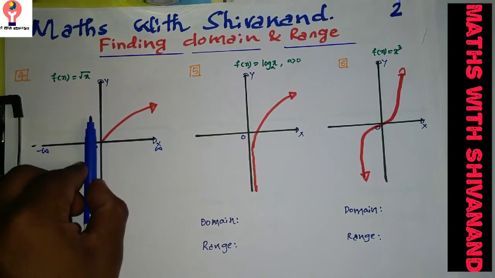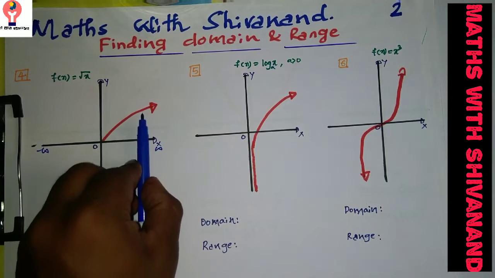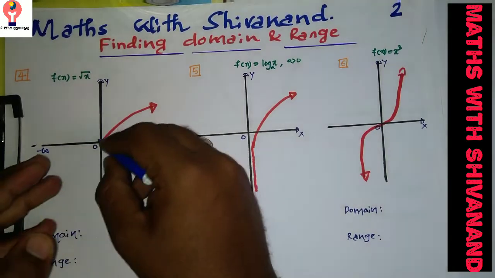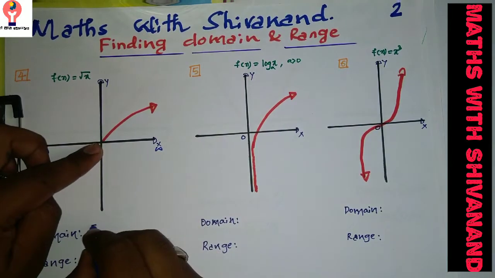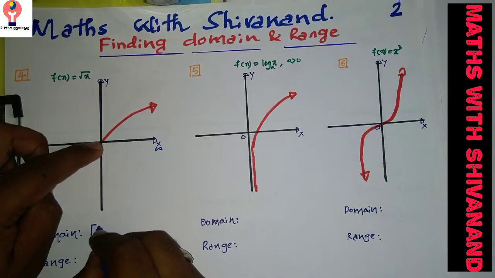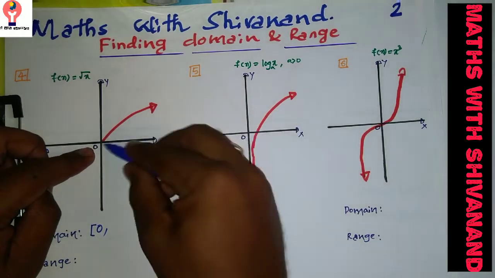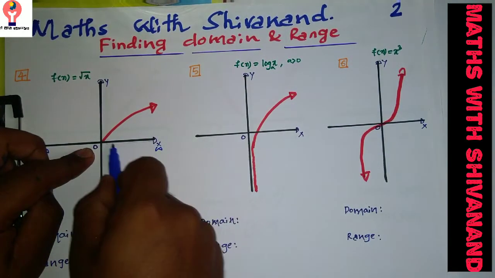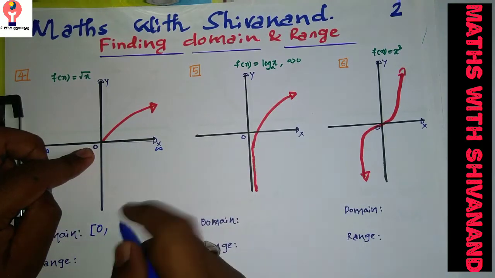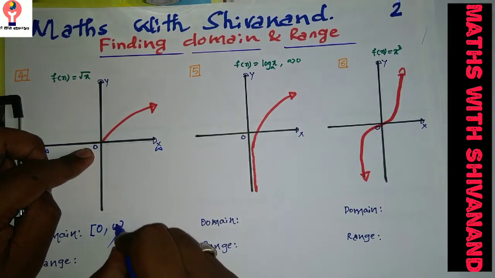From 0 to infinity the value will start. The graph is moving towards infinity. So your domain starts from 0, and 0 should be a closed interval. The graph keeps moving, giving all the possible values, so 0 to infinity is the domain.